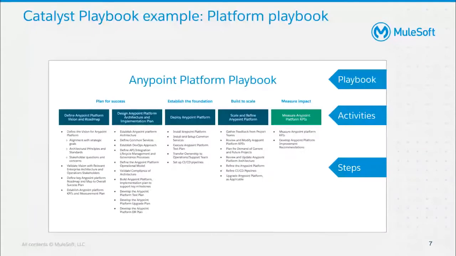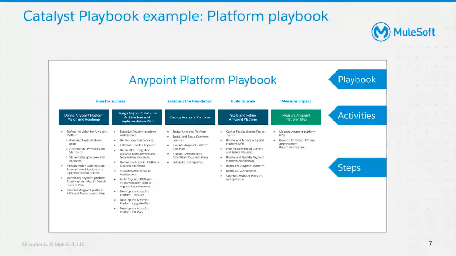So first, this is what a playbook looks like. We have the title, we have the activities. Here, for example, the platform playbook would start with defining the Anypoint platform vision and roadmap. And then you have a step-by-step procedure afterwards for how to define that vision and that roadmap. Once you have completed these steps, you proceed into the next phase in this section.